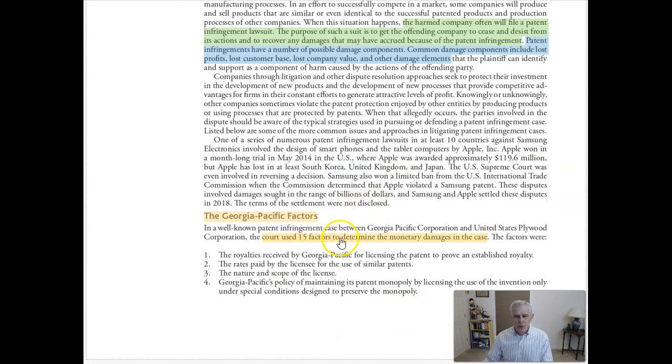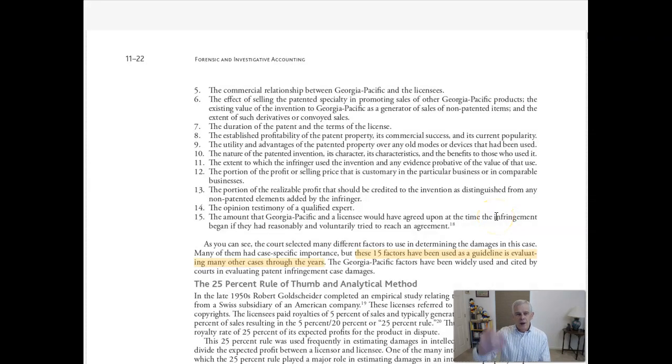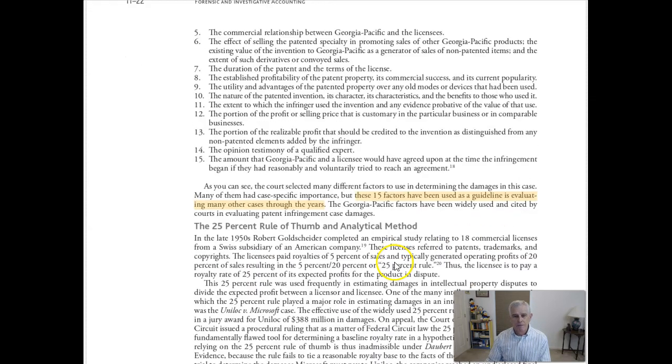The Georgia Pacific case was a Supreme Court case, and that case came up with 15 factors to determine the monetary damages in this kind of case, right? So you can read through these, you go on to the next page, and these factors have been used by later cases to decide how much should the damages be. So make sure you're familiar with this case if you get involved in these patent infringement kind of cases.